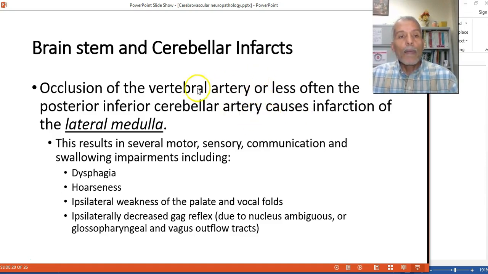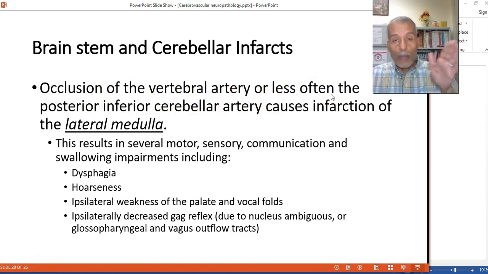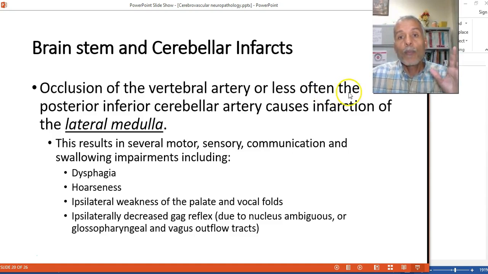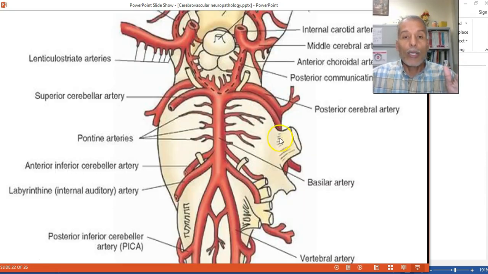So if there is occlusion of the vertebral artery, or sometimes, even though it is not as frequent, of the posterior inferior cerebellar artery, that causes an infarction of the lateral medulla. Let's go here and look. Here is the medulla, and above it is the pons, and we are speaking about the vertebral artery.